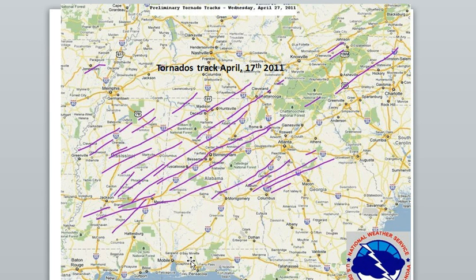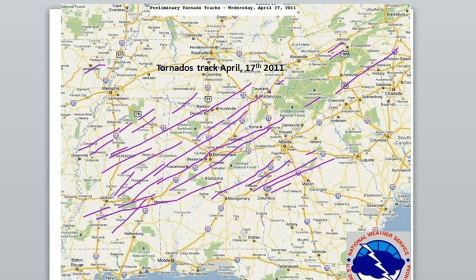Next, we're going to look at tornadoes. Now, April 17, 2011, the ones that swept across the United States all in one day. And there was another remarkable similarity here. The important thing to look at is you see right here on the map where these tornadoes actually start here and start here on that day.